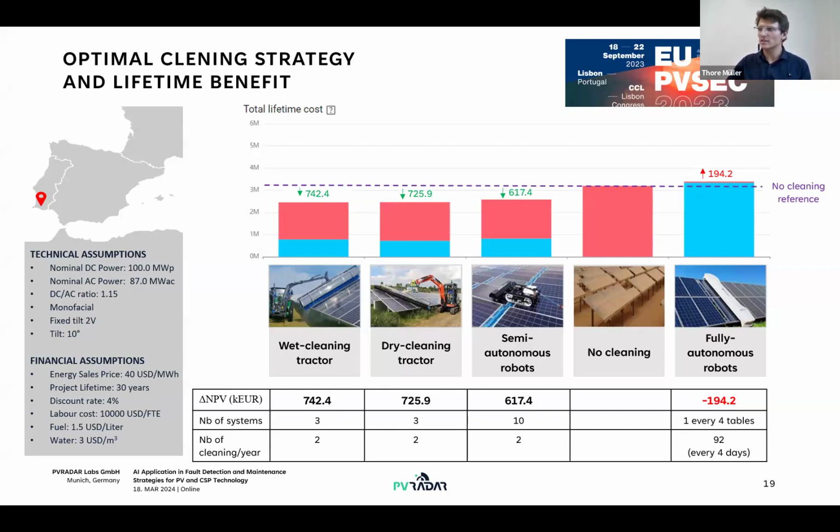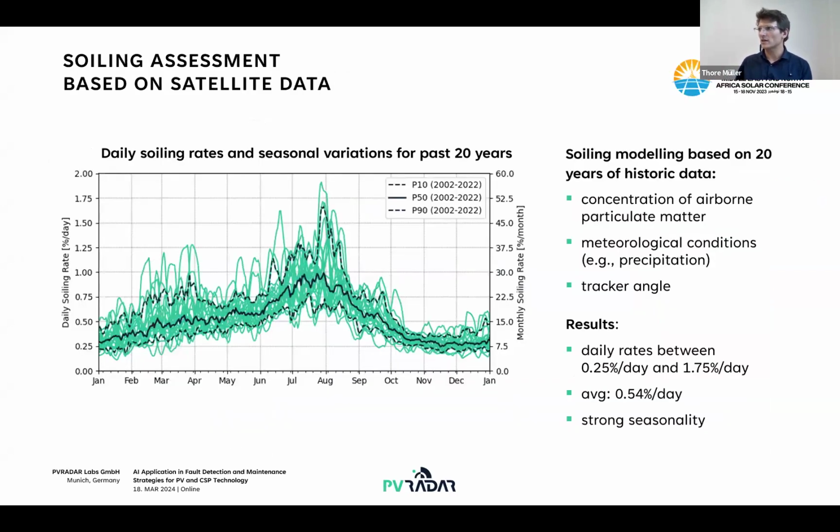These were results that we presented at the EU PVSEC last year. I also have some results from the Middle East and North Africa Solar Conference, the MENA SC, where I presented this plot. This is a soiling profile for a power plant, I think in Oman. As you can see, based on the historic data, the soiling conditions are not the same in every month of the year.